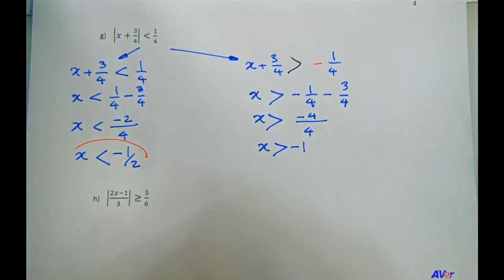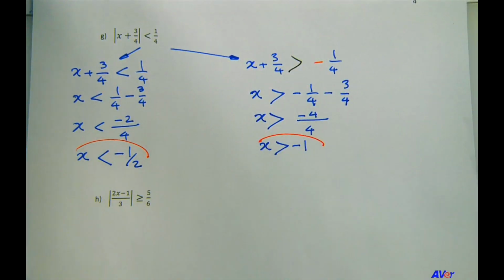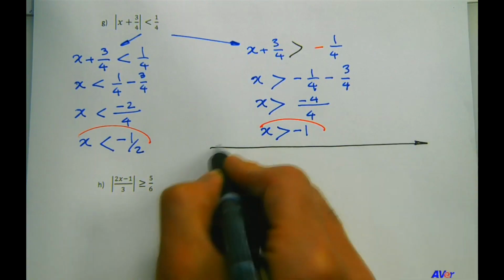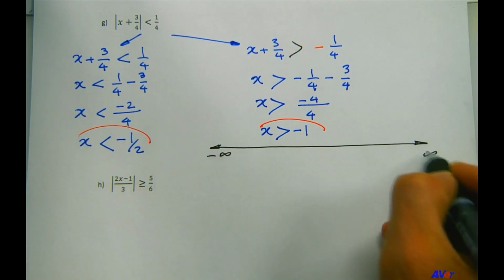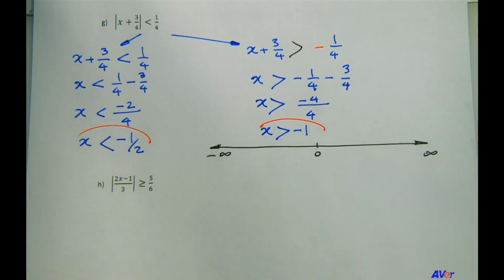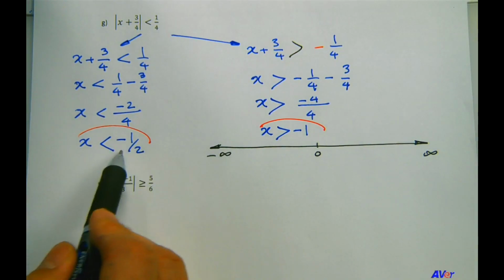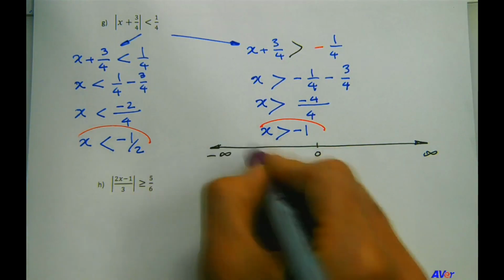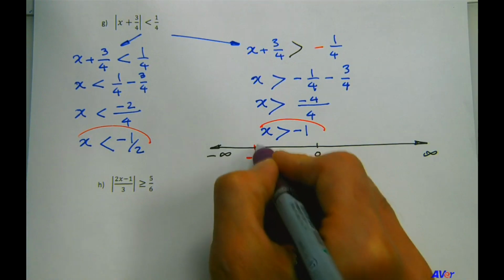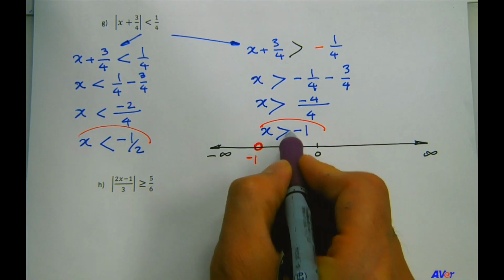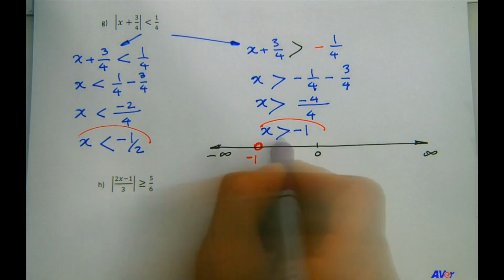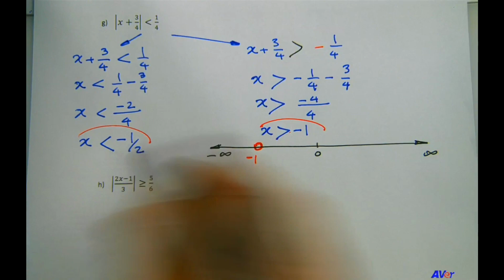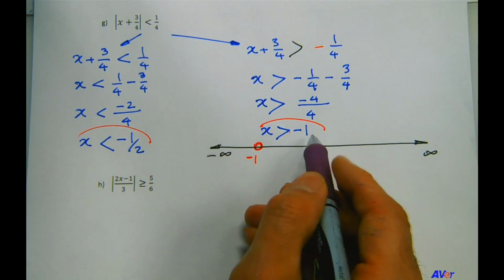So what's the final solution for this? Well, let's draw a real number line. One of the solutions is x less than negative 1/2. So if this is negative 1, I'm going to put a hollow circle here because neither solution has equality under it, which means we cannot be equal to negative 1/2 and we cannot be equal to negative 1.